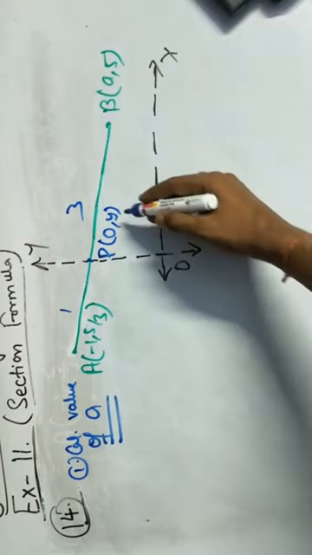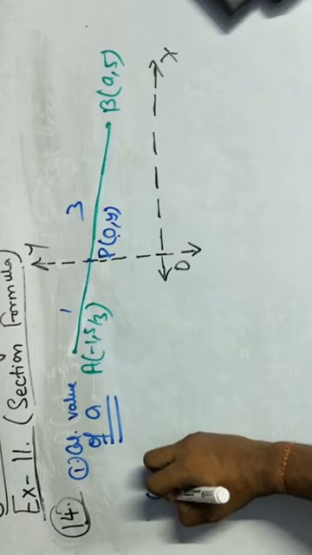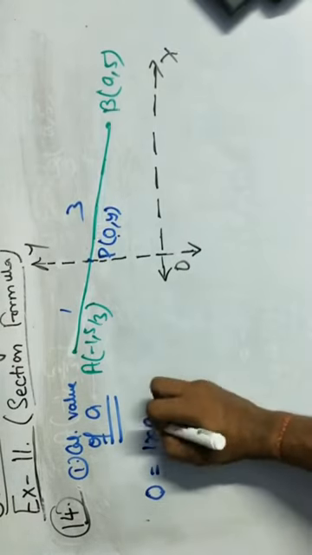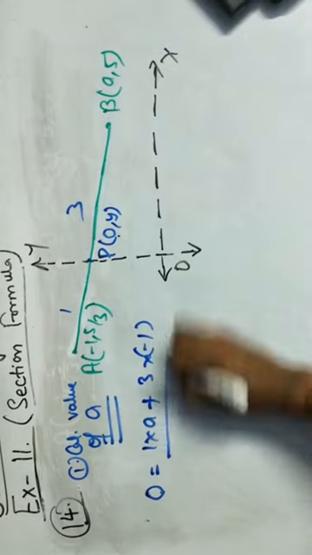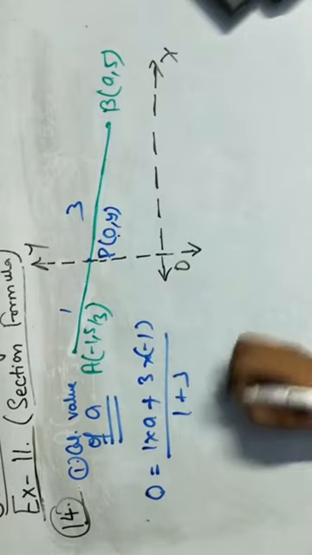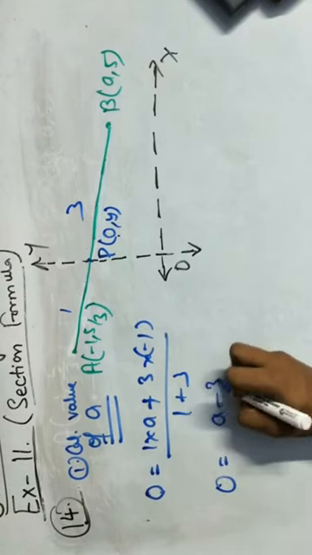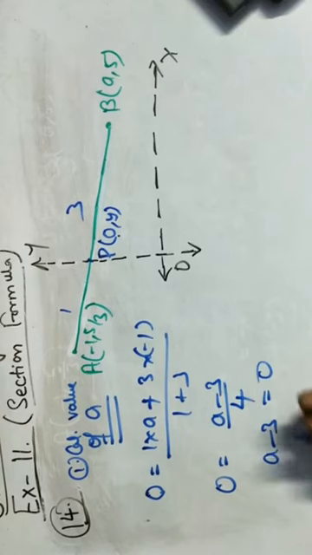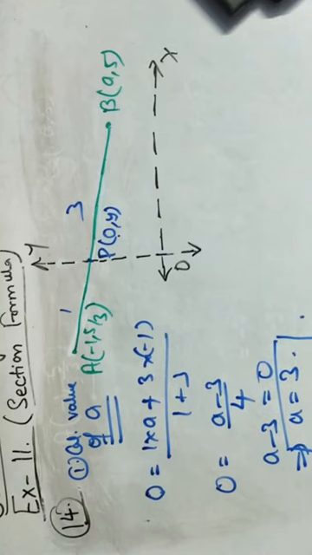Using section formula, we can easily find the x coordinate of point P. So 0 must be equal to 1 into A plus 3 into minus 1 by 1 plus 3. So 0 equals to A minus 3 by 4. So A minus 3 equals to 0, from which we get A equals to 3. So this is the value of A.